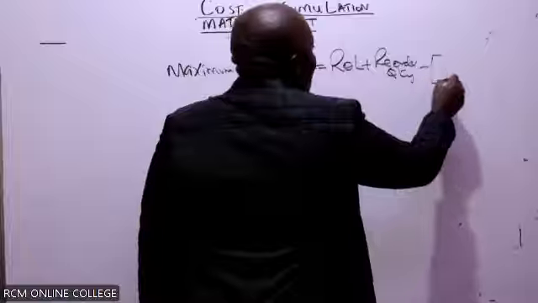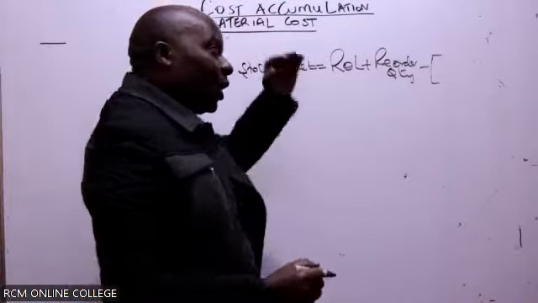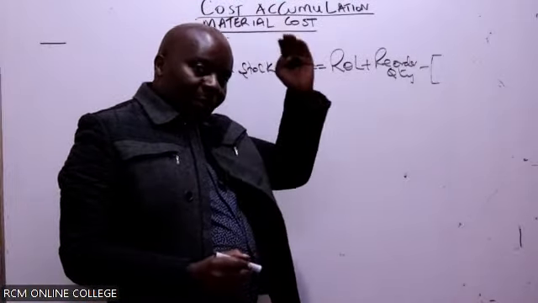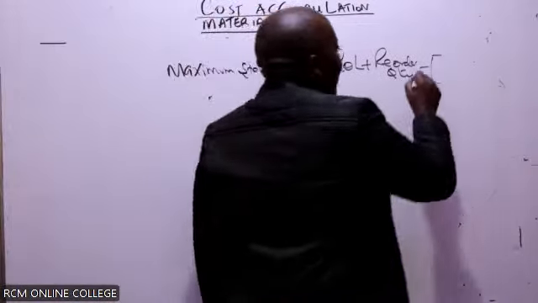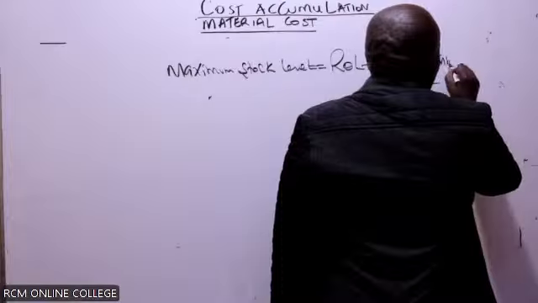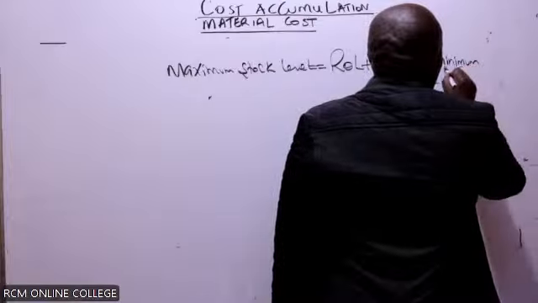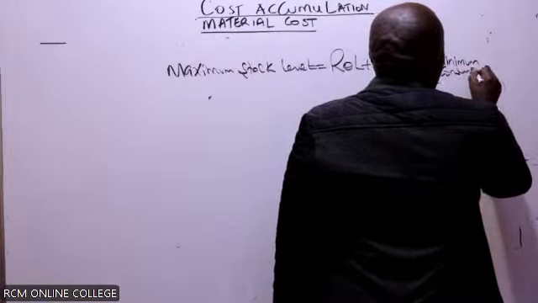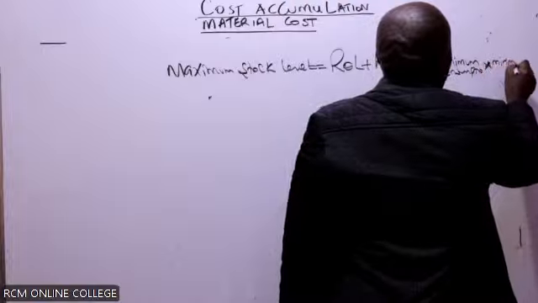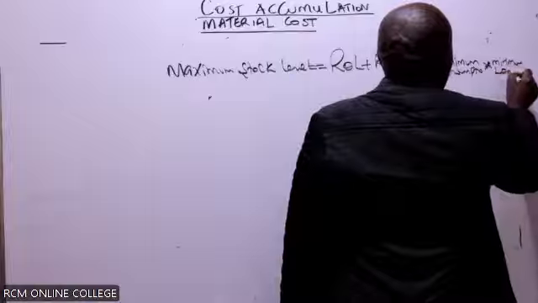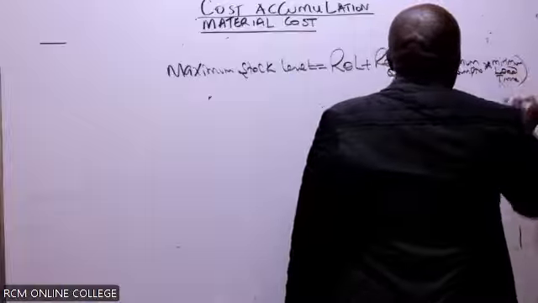And then to ensure that we shall be able to really be maximum up there, whenever it comes to subtraction, come and subtract minimum things. So you subtract the minimum consumption times minimum lead time.